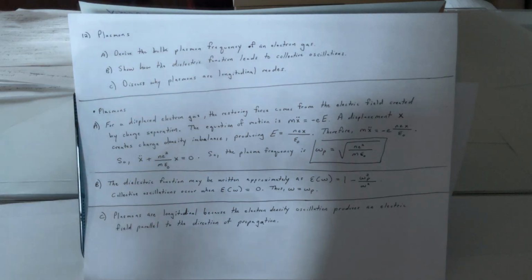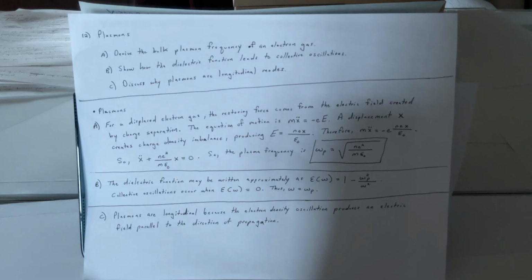So plasmons, for A, for a displaced electron gas, the restoring force comes from the electric field created by charge separation. The equation of motion here is m x double dot equals negative e times capital E. A displacement x creates a charge density imbalance, producing E equals n e x over epsilon naught.